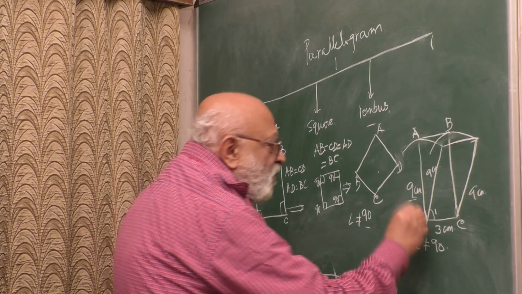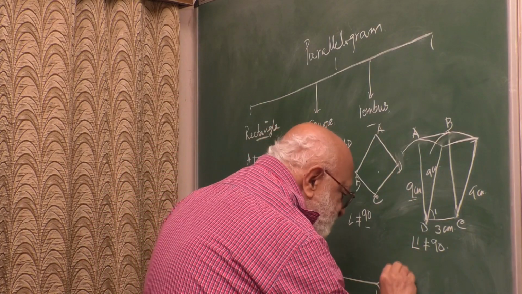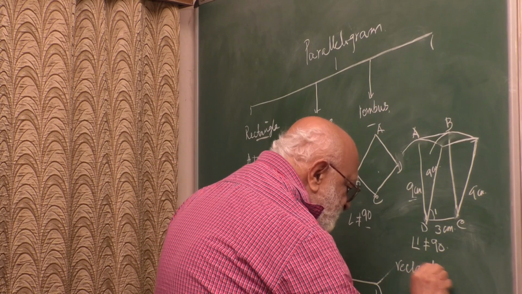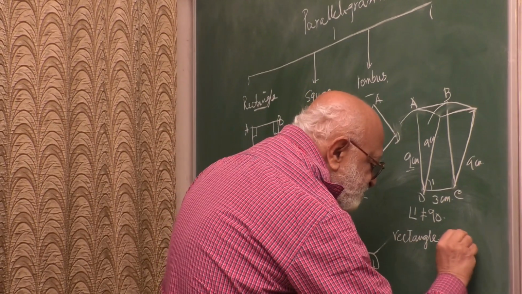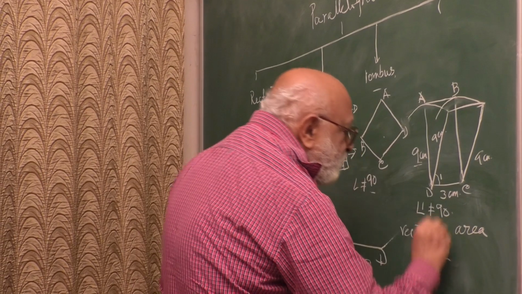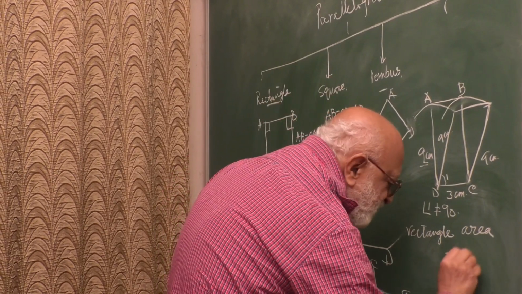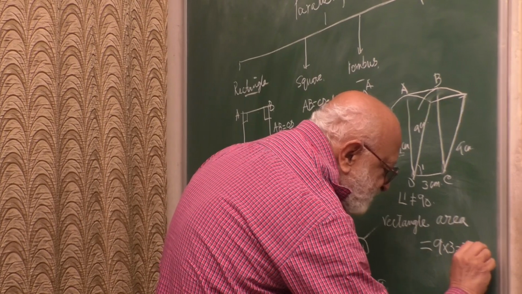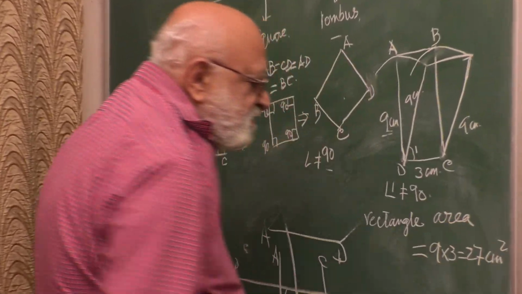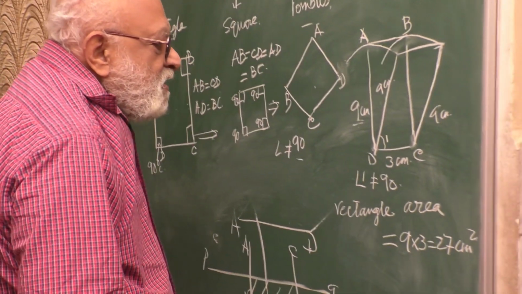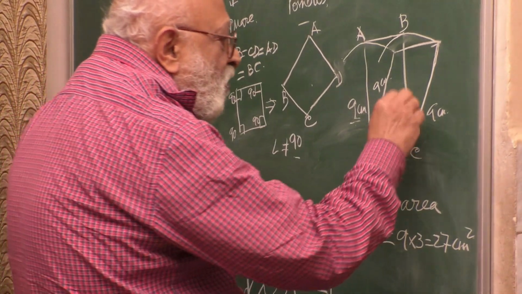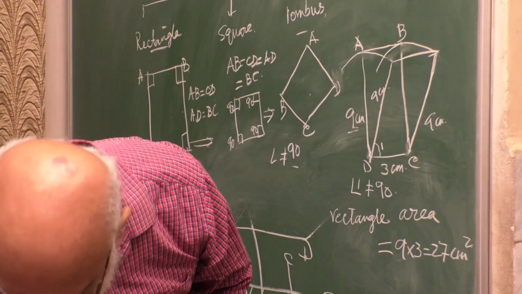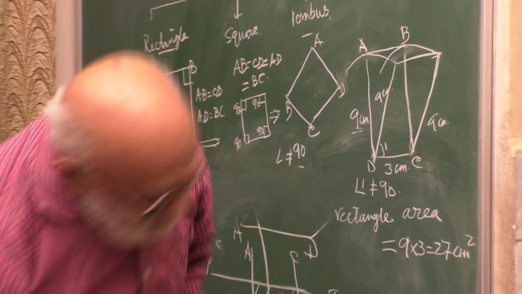What is the area of the rectangle? Rectangle area will be equal to 9 into 3, that is equal to 27 centimeters square. What will be the area of the figure I am going to sketch now?